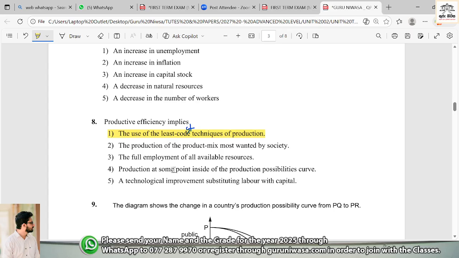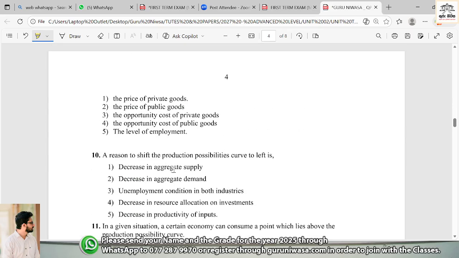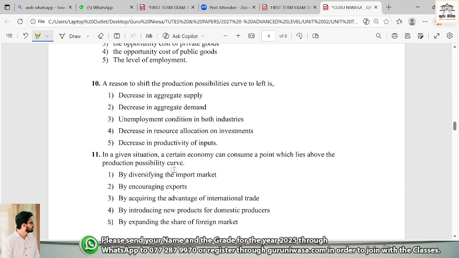You get the point? Remember this one. Then what about question number 11? Can you see the screen? Yes, right? In a given situation, a certain economy can consume a point which lies above the production possibility curve. Yes, remember this point.